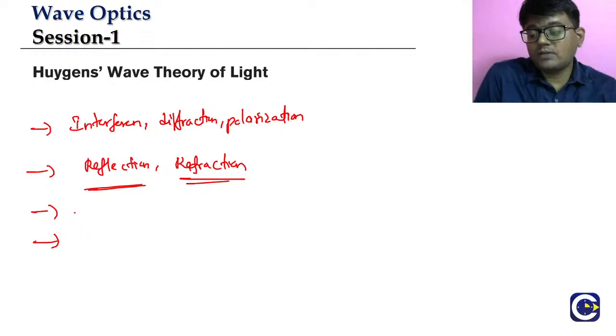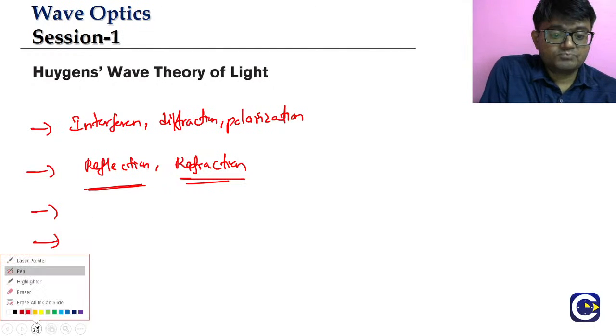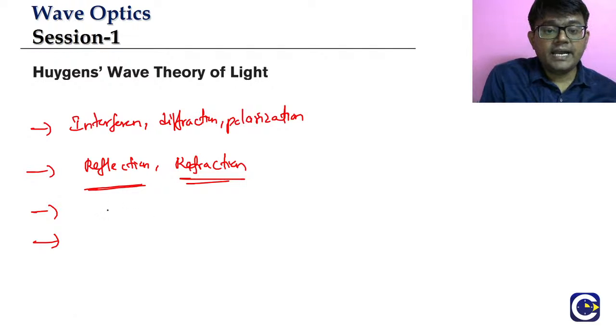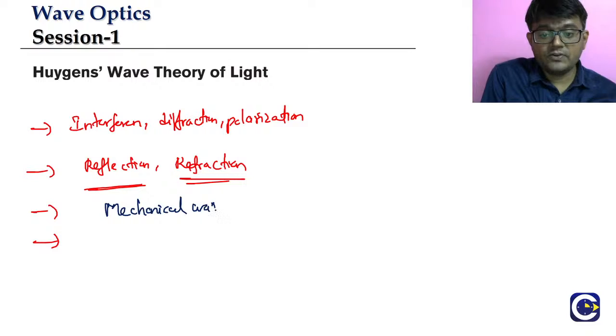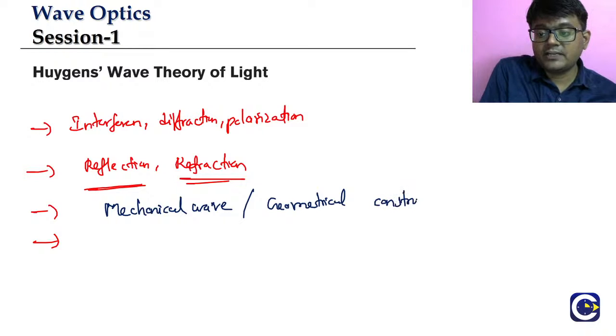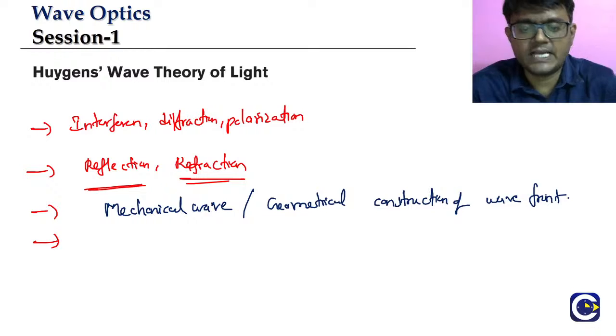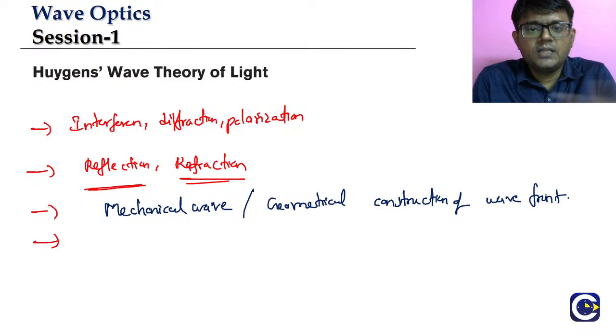So what are the drawbacks of Huygens's theory? One is that it is based on the idea of treating light as a mechanical wave, using the concept of geometrical construction of the wavefront, which completely changed later. Once Maxwell came up with the electromagnetic wave theory, all this completely changed.